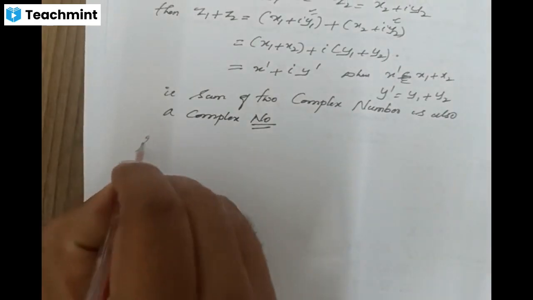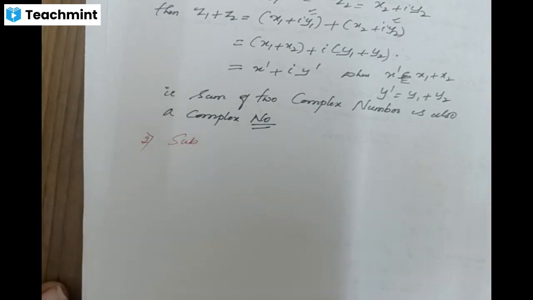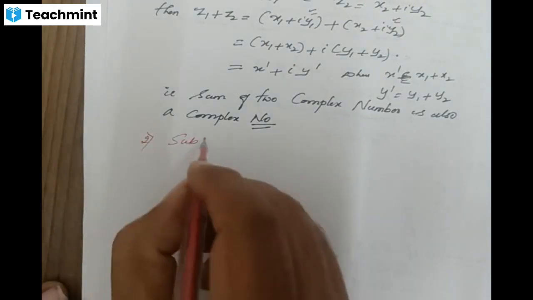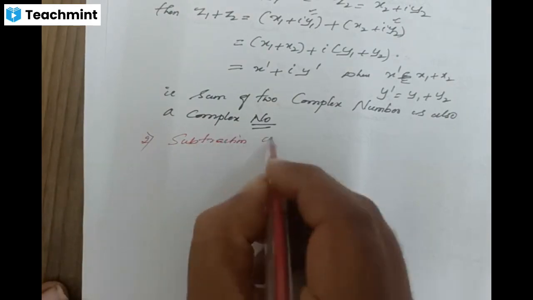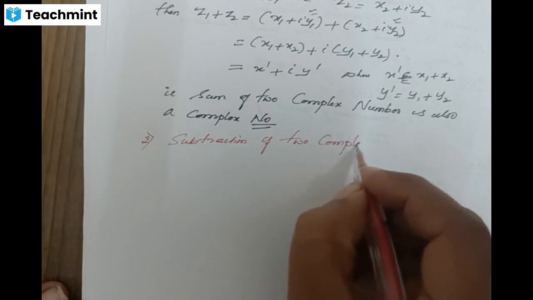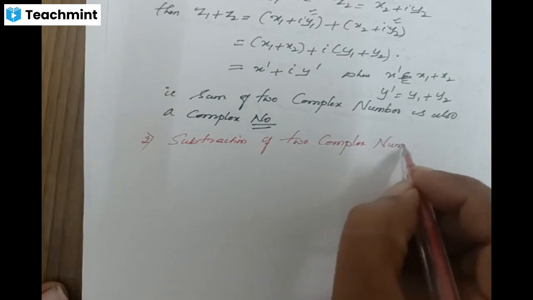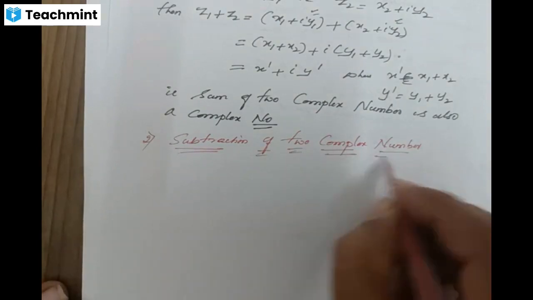So next I will take the second one, subtraction of two complex numbers. The subtraction of two complex numbers is also a complex number, and we can show it.